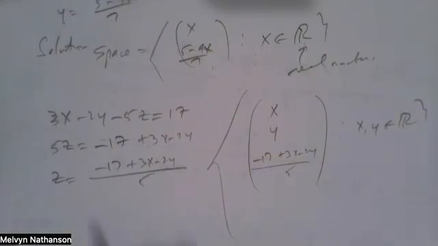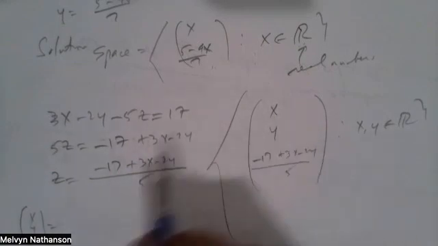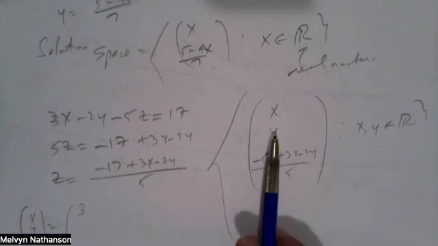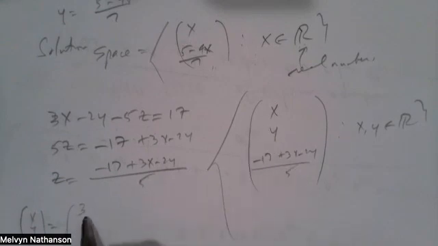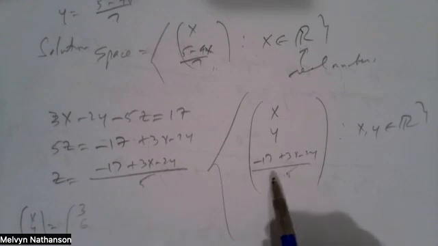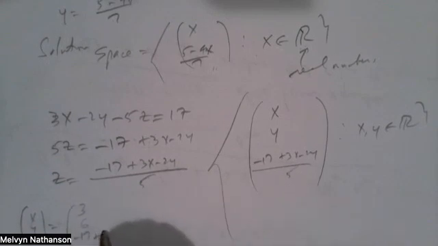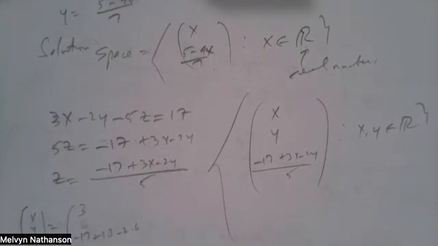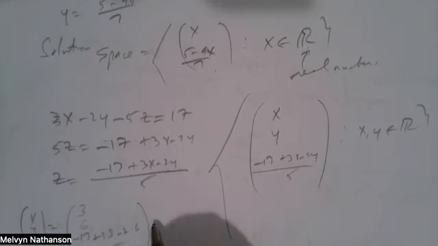Let's see. What's a particular solution of this equation? A particular solution is x, y, z equals, suppose I take x equal to 3, I take y equal to 6, and what is z? z is minus 17 plus 3 times 3 minus 2 times 6, over 5.